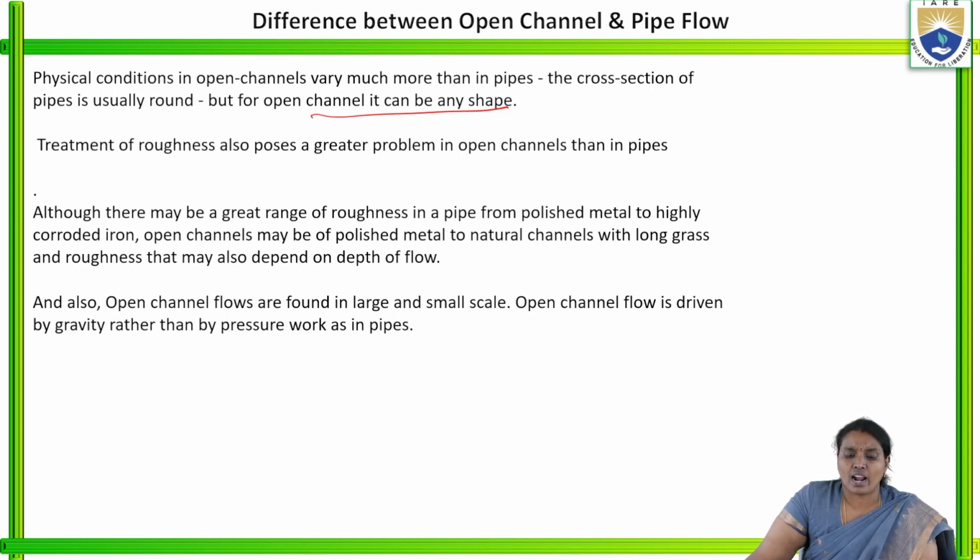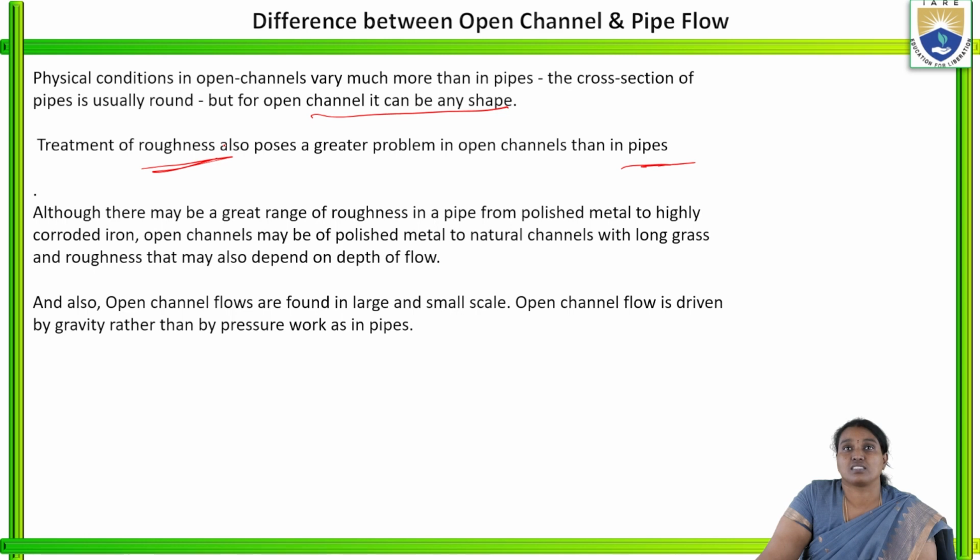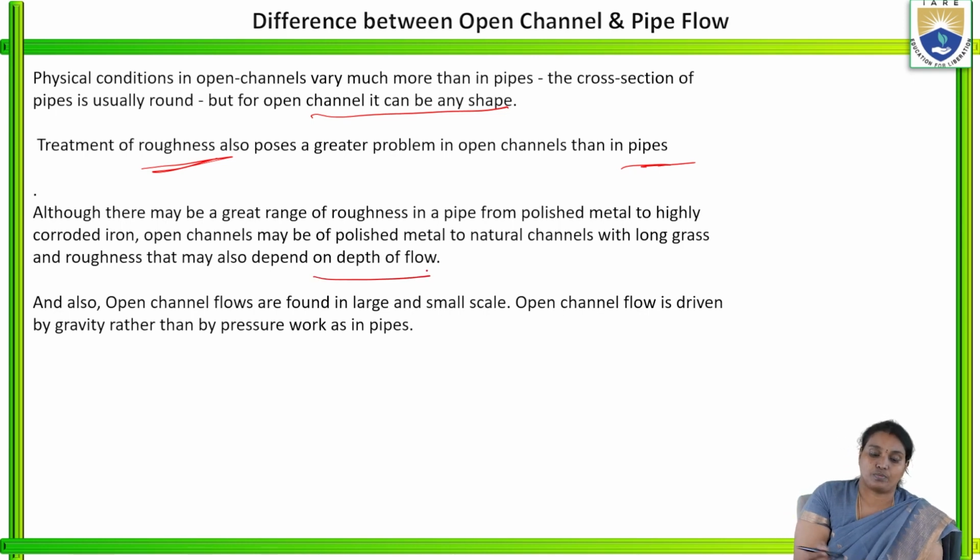Another difference between these two: treatment of roughness also poses a greater problem in open channels than in pipes. Although there may be a great range of roughness in pipes, from polished metal to highly corroded iron, open channels may range from polished metal to natural channels with long grass, and roughness may also depend on the depth of the flow.